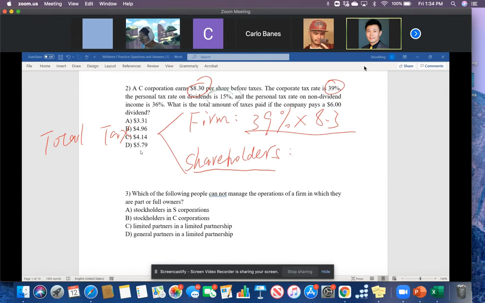So 15%, the personal tax rate on dividend income, multiplied by the taxable income. In this case, the taxable income is the amount you received as dividend, right? $6. So you do this calculation, and then you can easily find out the correct answer should be C, okay? So the answers were A, C.